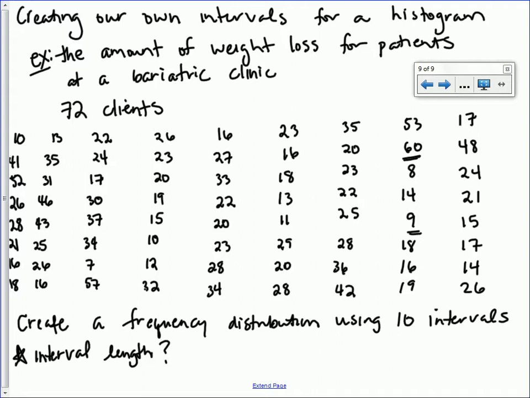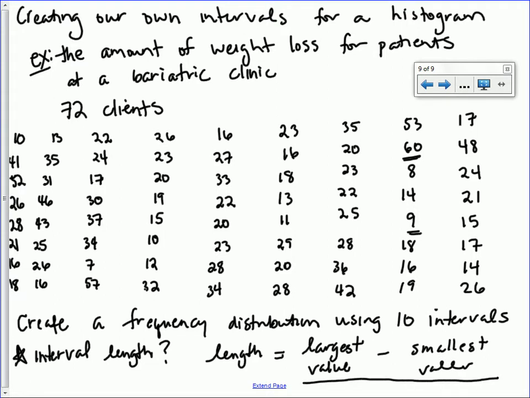So you need to break that data from 9 to 60 into 10 intervals. The way you do that is the length equals the largest value minus the smallest value, and then we divide that by the number of intervals.